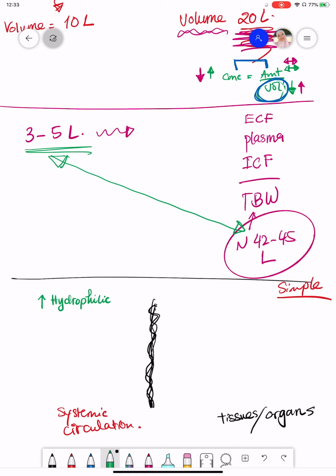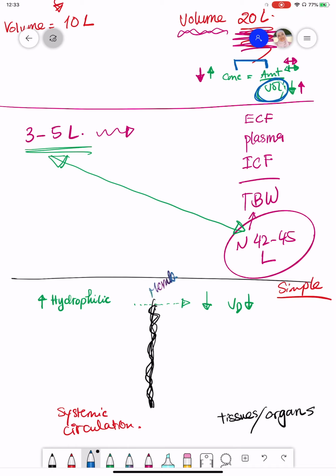So it means that the transportation or distribution of the drug through different membranes would be less. Accordingly, the volume of distribution measured would be less as the hydrophilicity of the drug is increasing, right?